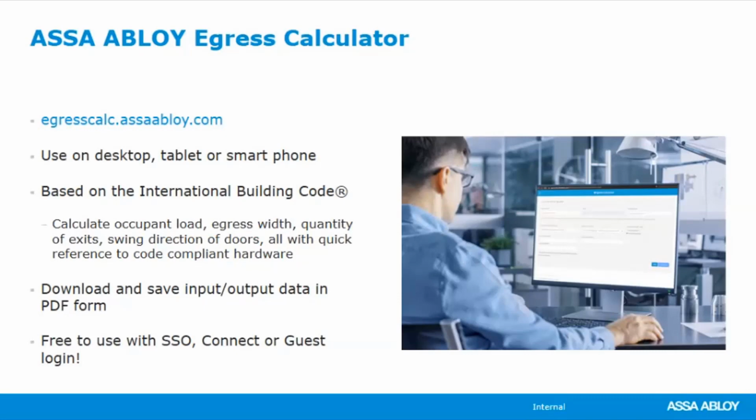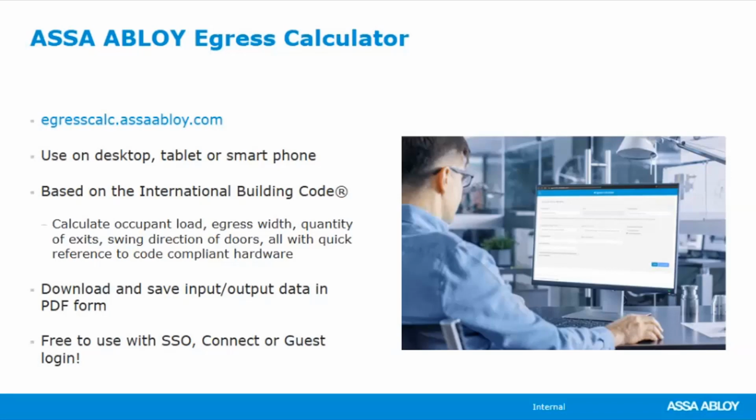It's egresscalc.assaabloy.com. It's great to use on your desktop, your tablet, or your smartphone. It is mobile friendly, and it's based on the IBC. The new version coming out any day now will include the 2021 edition of the IBC, and the other editions are anywhere from the 2006 edition all the way to the 2021 when the new one comes out.